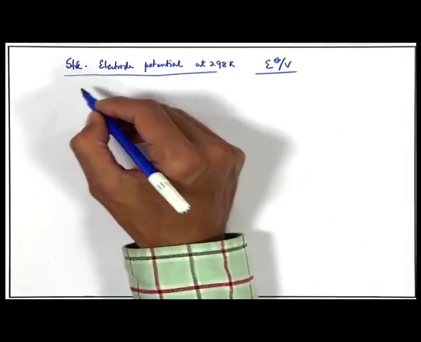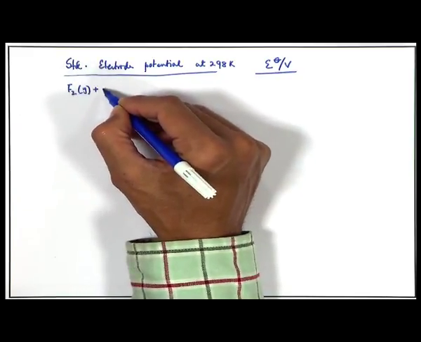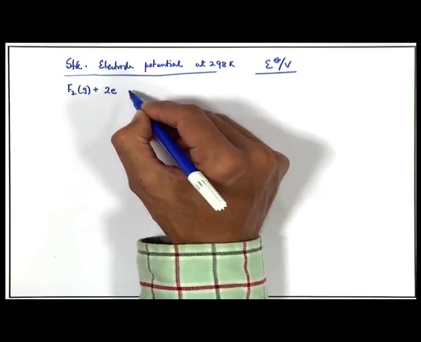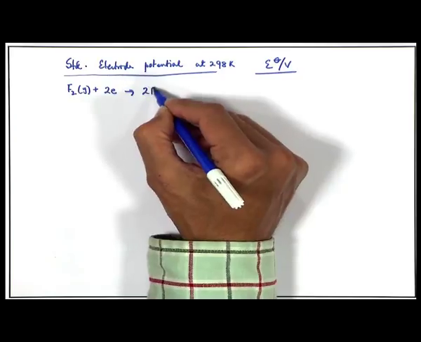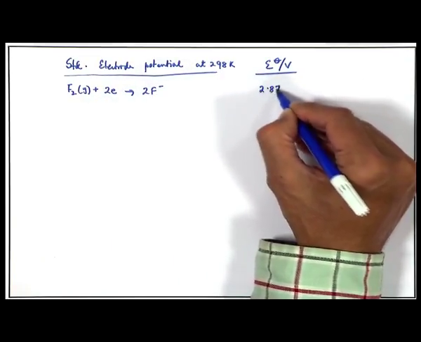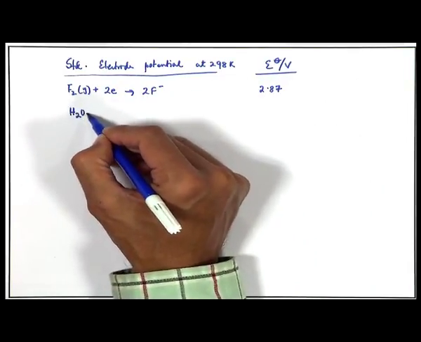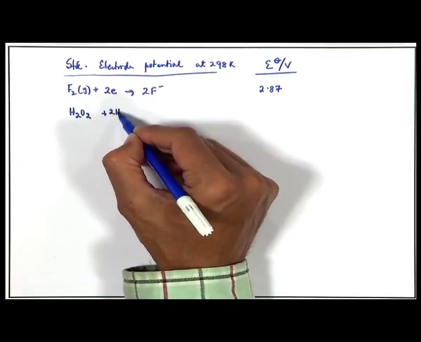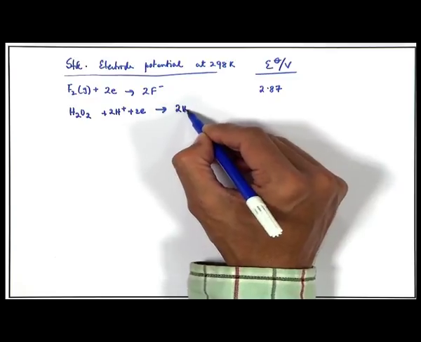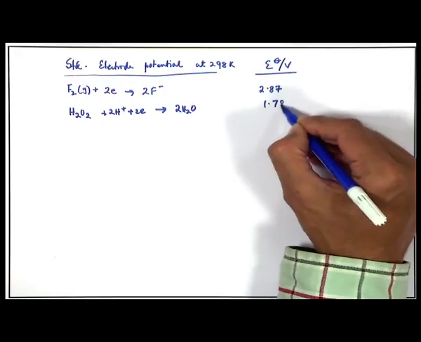If the reaction is F2 gas plus 2 electrons gets you 2F minus, its value is 2.87. Then take another, H2O2 plus 2H plus plus twice electron, that gets you 2H2O. Its value is 1.78.